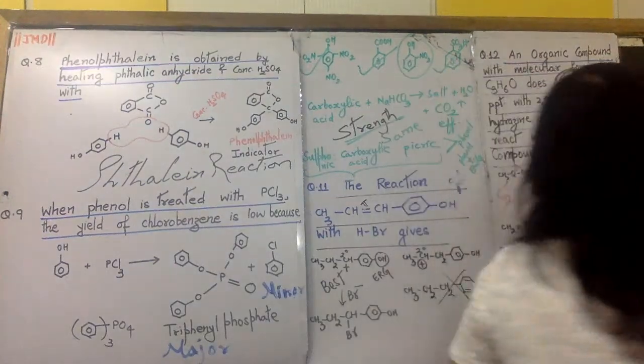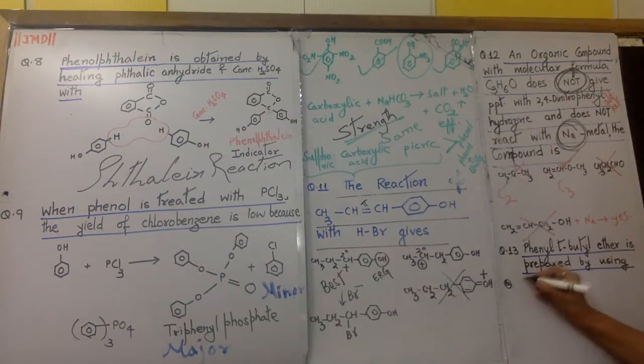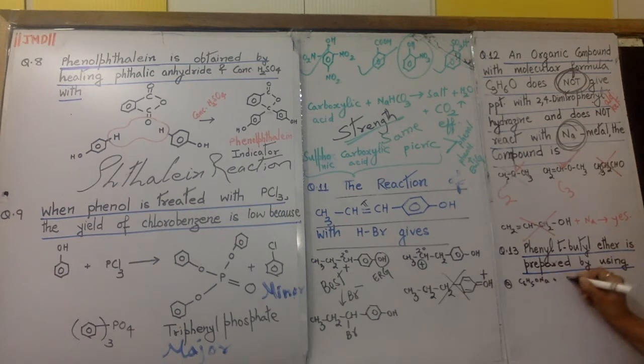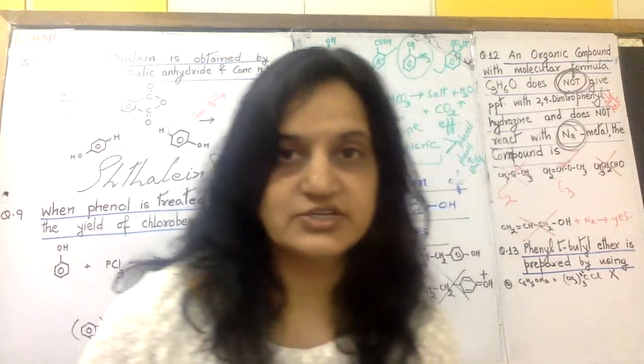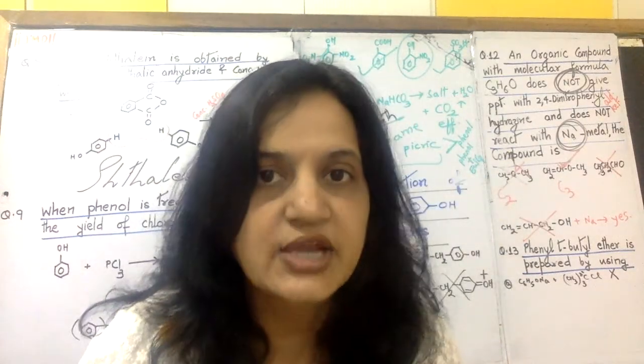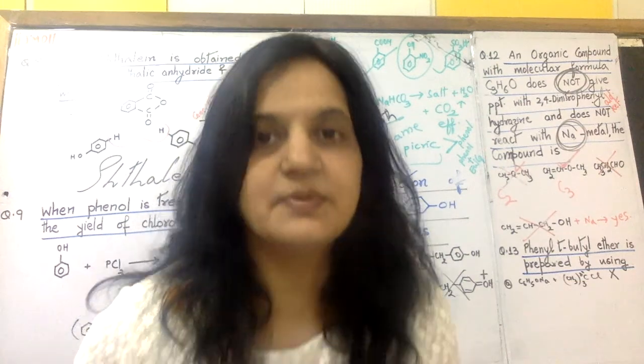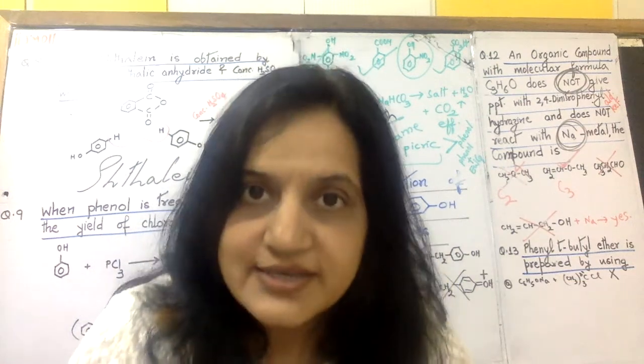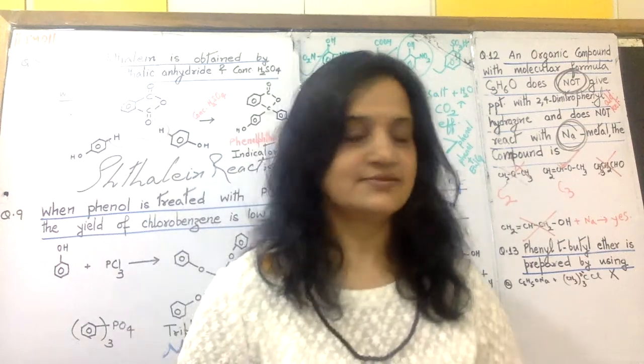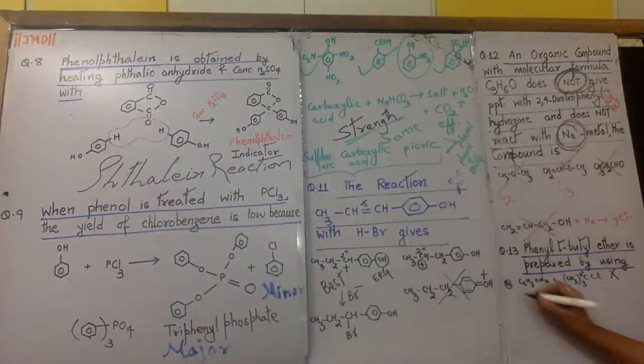Okay. One of the options is C6H5ONa and (CH3)3CCl. अब देखो ये ऑप्शन रॉन्ग है. क्यों? हमने पढ़ा है any 3 degree alkyl halide in Williamson's reaction gives an alkene as the major product and not the ether. So this cannot be the option.